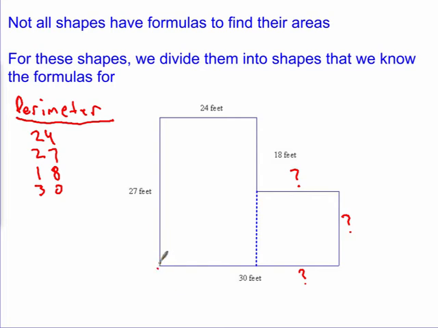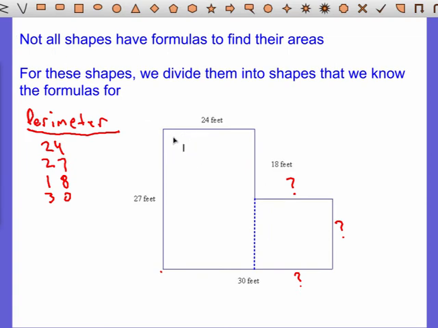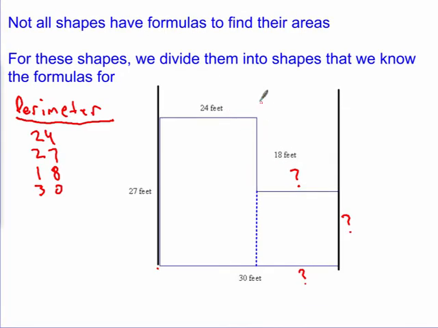We know from here to here is 30 feet. All right, I'm drawing these lines so we can see this. We know from here to here is 30 feet. And we know from here to here is 24 feet. So the question is, how much is left here?